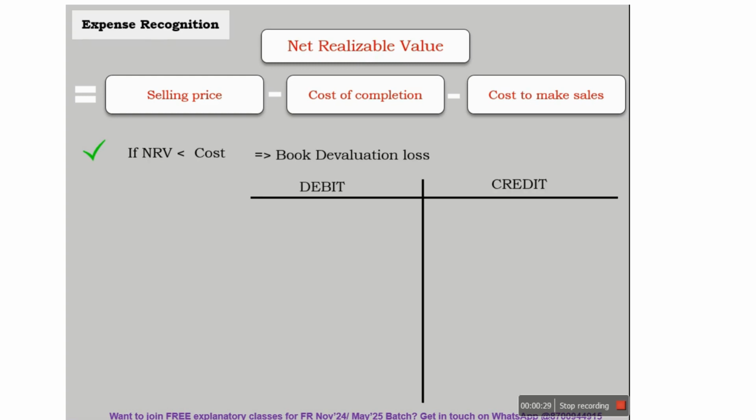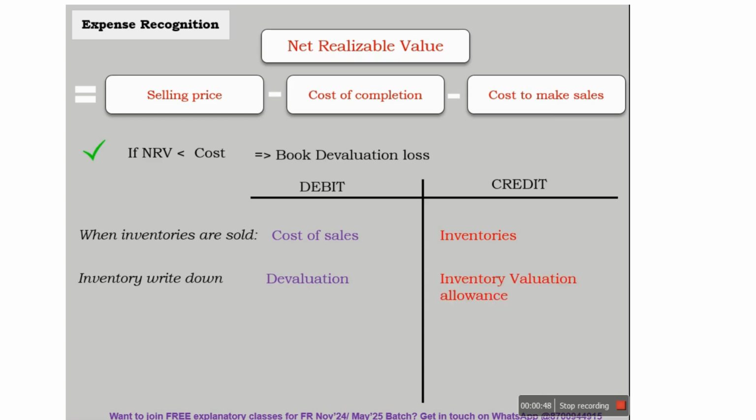Now we'll see how the accounting flows in these cases. When we are selling the inventory, we'll debit the cost of goods sold and we'll credit the inventories. If NRV is less than the cost, then we need to book the devaluation loss. In this case, we'll debit the devaluation loss in P&L and we'll credit the inventory valuation allowance.